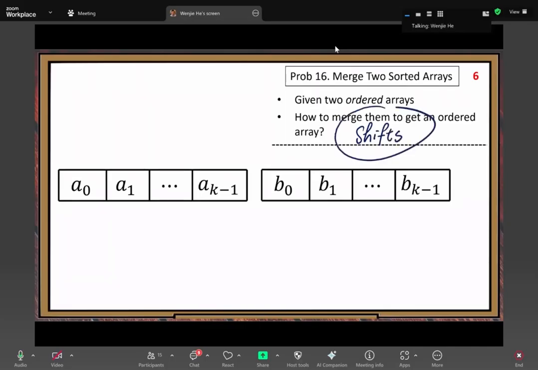And here, you can imagine if we do shifts, it could be very complicated, right? Because when you do shifts, here you have two ordered arrays. You need to consider shifts in the left ordered array and shifts in the right ordered array. Then managing the operations could be very complicated.